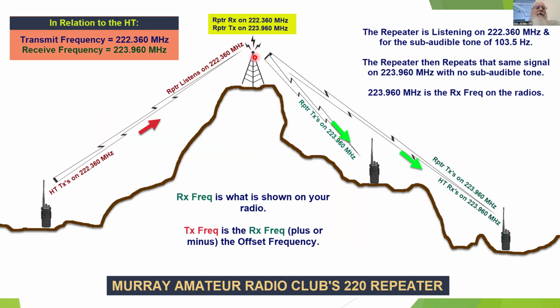The repeater is listening on 222.36. The repeater is listening for the 103.5 hertz PL tone. And if he hears that, then he'll transmit. Again, it only takes a few milliseconds for that process to happen. And he retransmits at 223.96, which is the frequency of our radios.